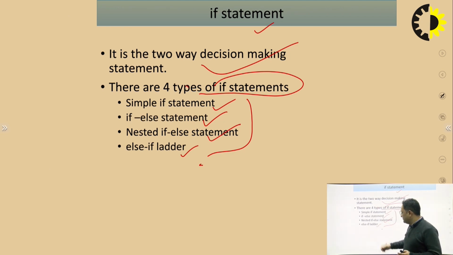Else if ladder means you have a lot of if else conditions in your program, so you are making a ladder of conditions. It is not a good practice to write such code with respect to code readability and maintainability, but sometimes it is required to have such conditions in a program to make it run correctly, right? So: simple if statement, if else statement, nested if else statement, else if ladder.